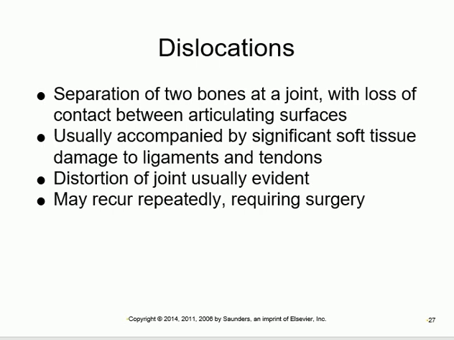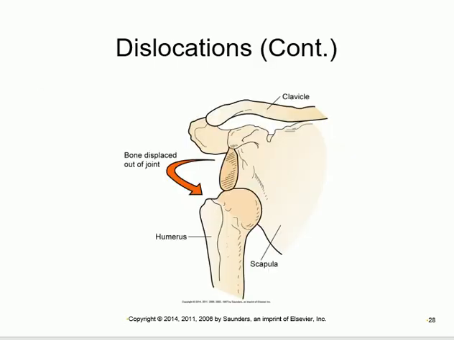Okay? Here it is. This is the head of the humerus, and it's supposed to be here, it's moving out. So obviously, if you look at this shoulder, you will see this area is flat. It's not supposed to be flat here, right? And this is dislocation.